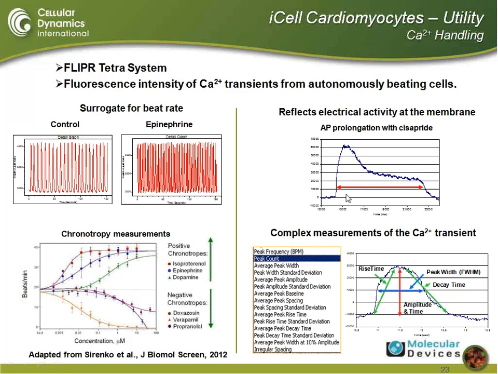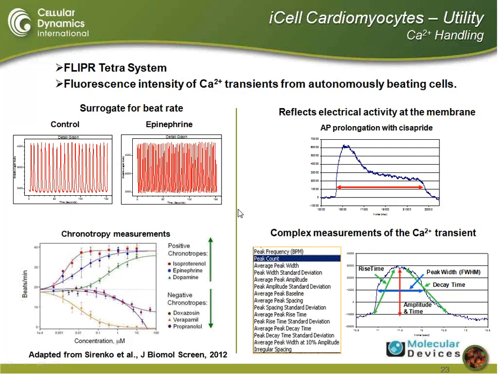In addition, the FLIPR calcium transients could also be used to reflect the electrical activity on the membrane. So here we have action potential prolongation with cisapride showing up as well on the calcium transients. And this can all be quantified using the ScreenWorks Peak Pro software, which you can purchase with the FLIPR Tetra system.